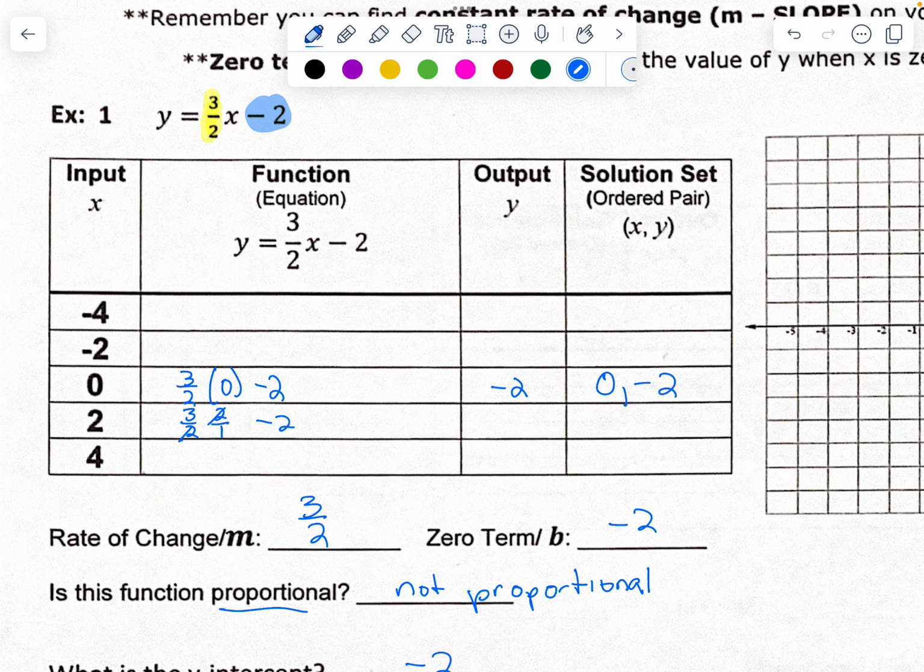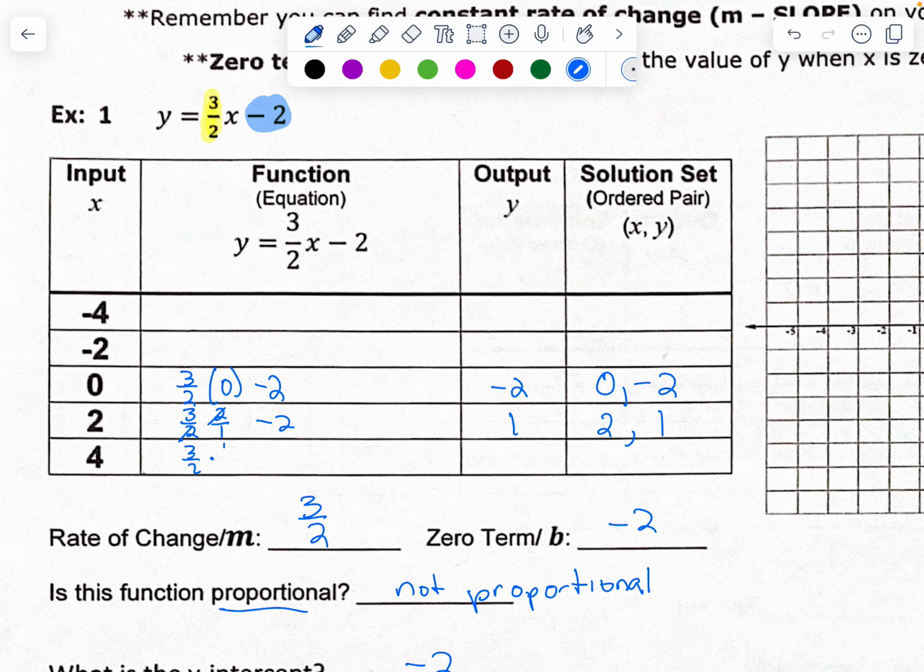These cross out. So 3 over 1 is 3, minus 2 is 1. So that's 2, 1.